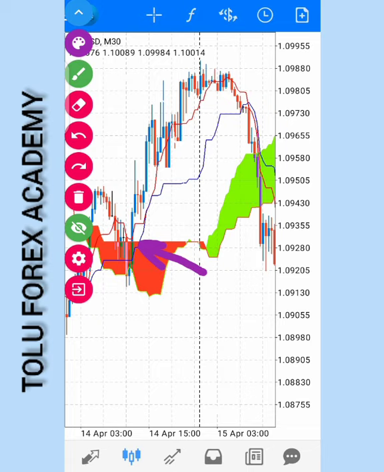So the next thing to do is to see when the baseline crosses the conversion line upward. All right, so the conversion line comes upward and then the baseline remains down. So in this our setup here, when there is a crossover, this is where the crossover is.